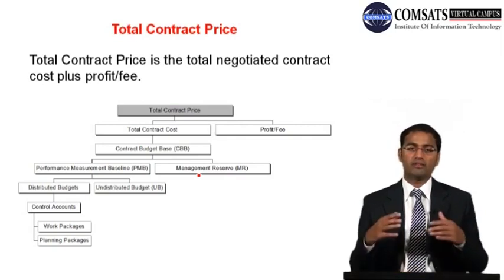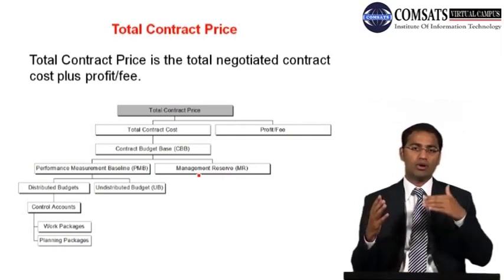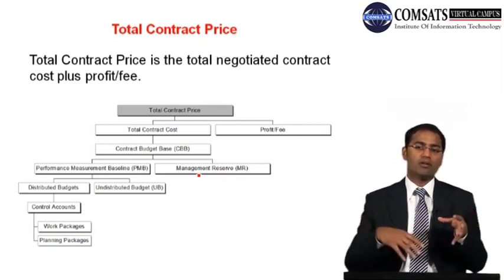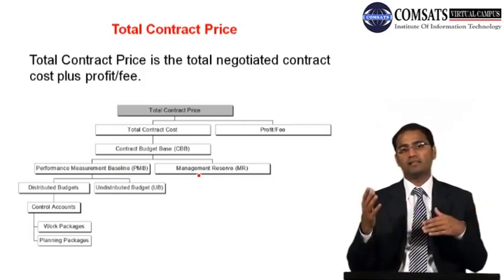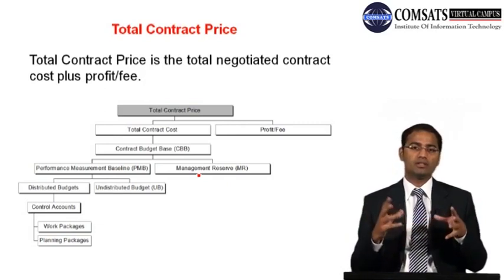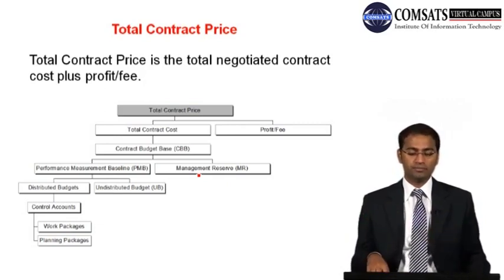So this is the difference between the price and cost. The cost is the amount which you have spent to create that product or service, and the price is something else. It includes the profit. So cost does not include the profit, right?